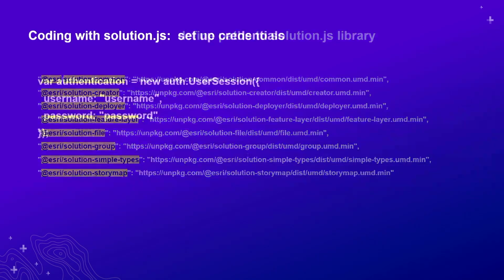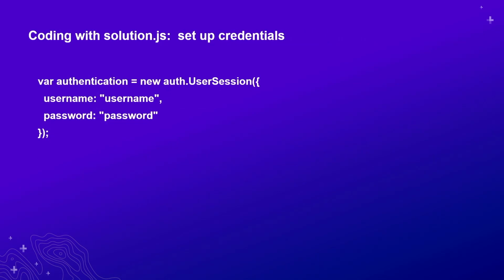Okay, so we have our paths defined. We'll get to the code section. We've done the require, we've gotten the two modules: authentication, which we call the auth package, which is REST auth, which we call auth here, and the creator. First, we get authentication with this type called UserSession. It's a class inside ArcGIS REST.js that encapsulates all the authentication work we need.